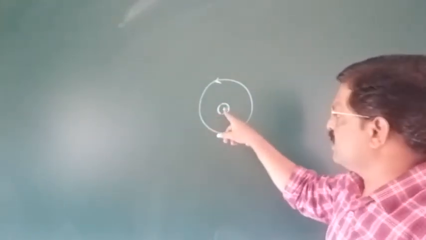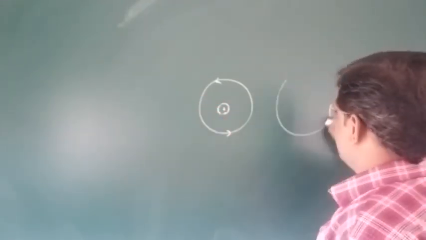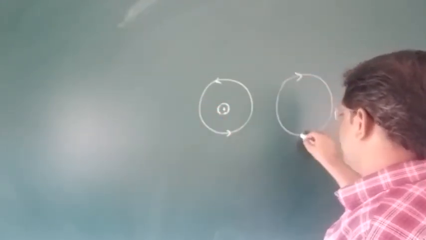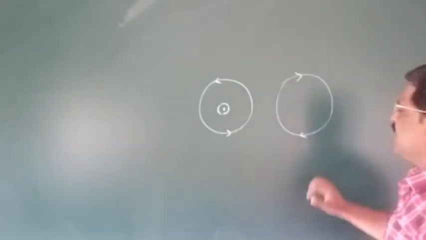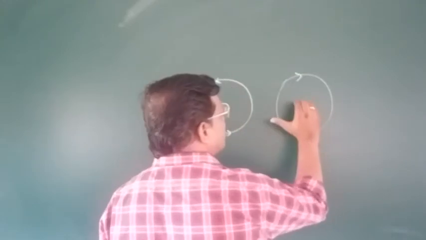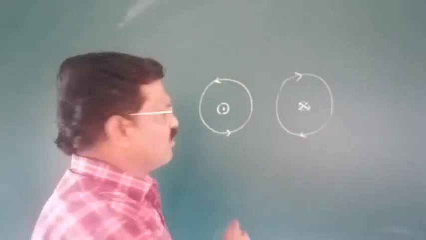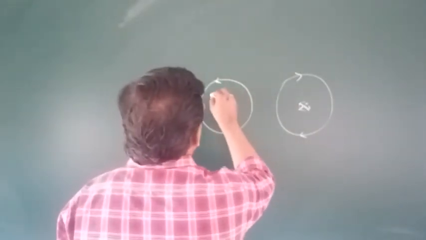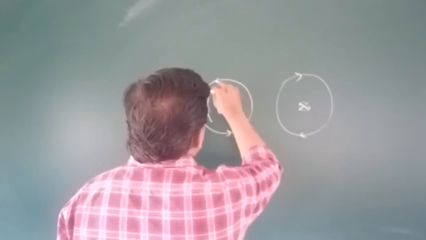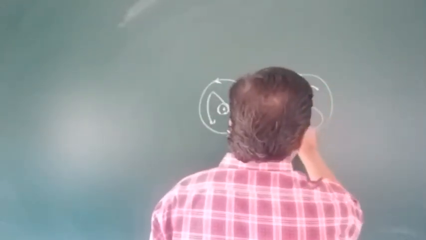The direction of magnetic moment is perpendicular to the plane of the coil and towards us. And if it is clockwise sense, then the direction of magnetic induction will be inside, and we show it by a cross. So here this acts as a N pole and this acts as S pole, that we have already seen.